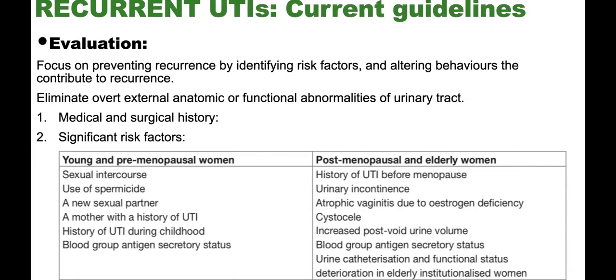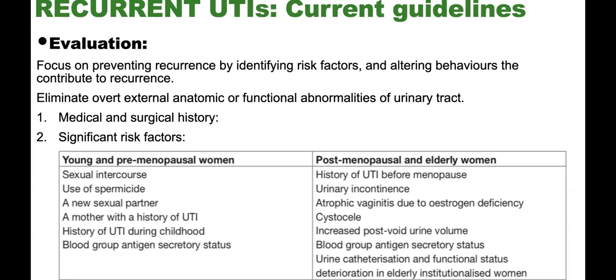Firstly, like with any patient, you take a medical and a surgical history. That's where you can identify patients with risk factors such as diabetes or any causes of immunosuppression, any surgeries such as pelvic surgeries, or any history of radiation to the pelvis that can make the patient have an increased risk of recurrent UTI.